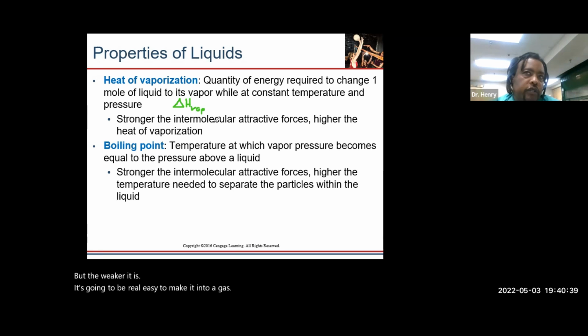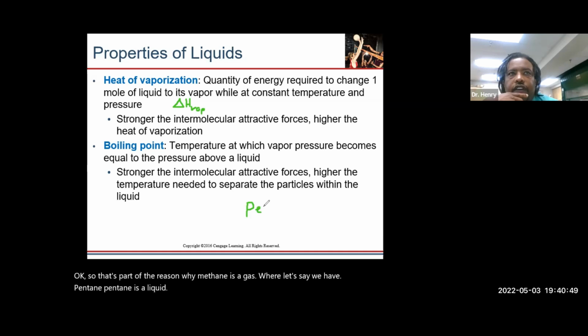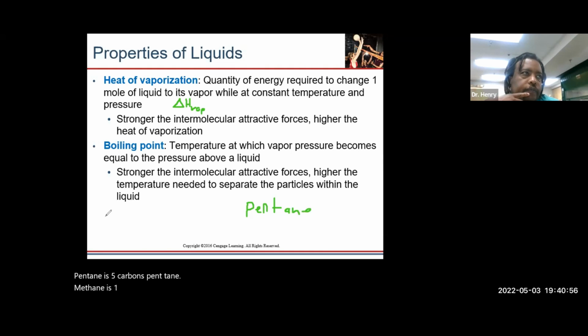Okay, so that's part of the reason why methane is a gas, where let's say we have pentane. Pentane is a liquid. Pentane is 5 carbons. Methane is 1 carbon.